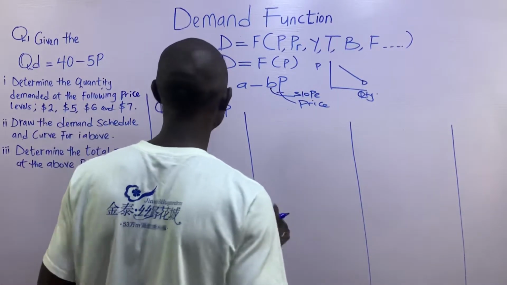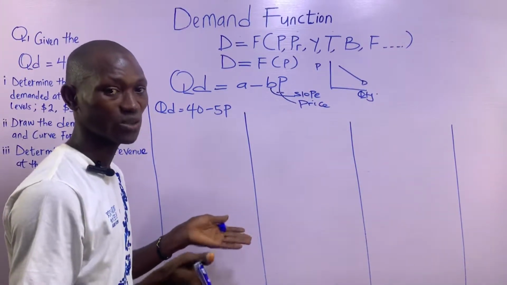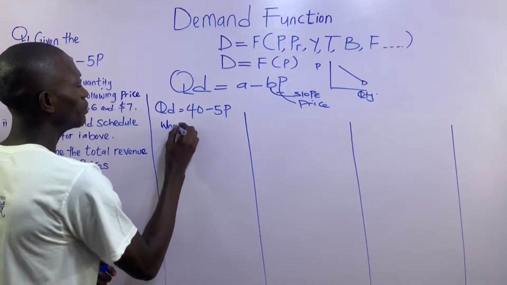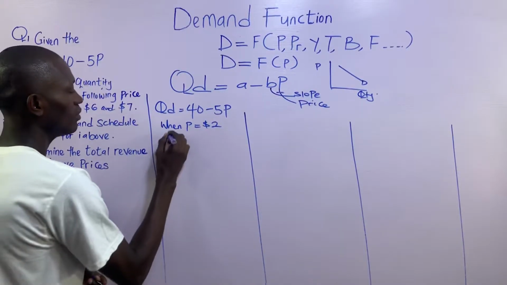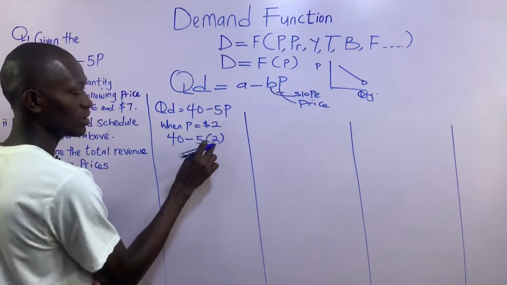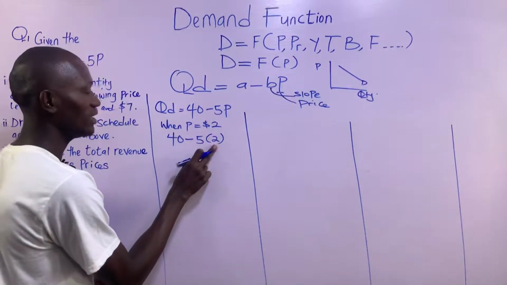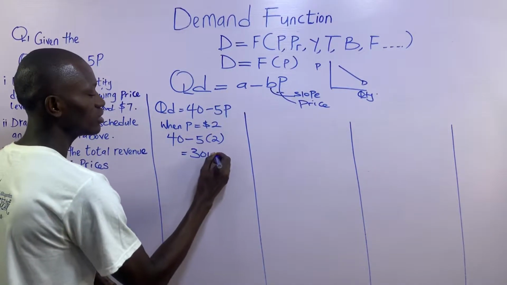So when price is $2, all we're going to be doing now is substitution. When P equals $2, we have 40 minus 5 times 2, because price is $2 here. 5 times 2 gives us 10. 40 minus 10 gives us 30 units.